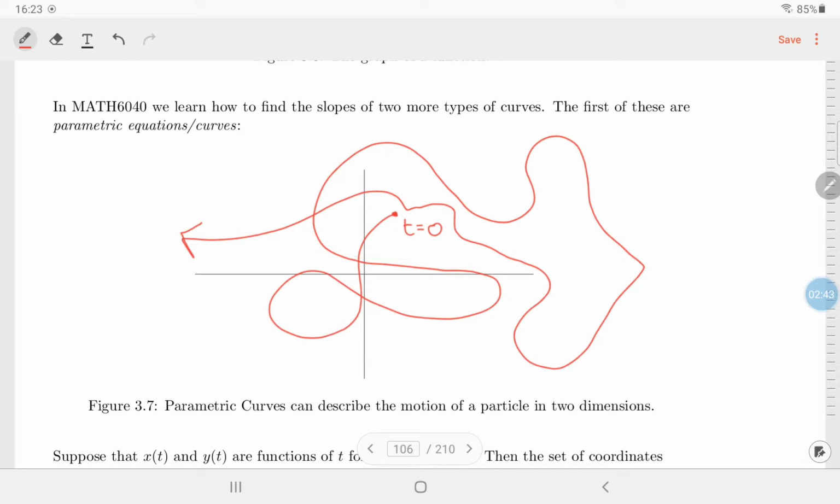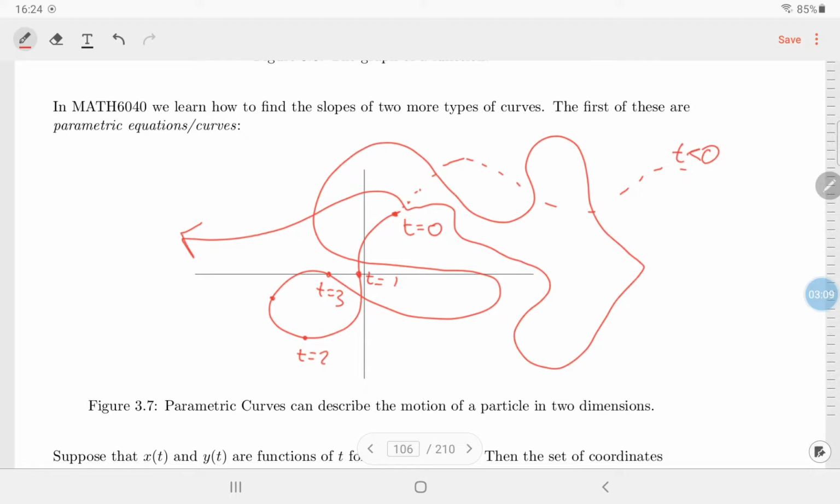So that was t equals 0. At all these different times, maybe this is t equal to 1, this is t equal to 2, maybe this is t equal to 3, and maybe this is t equal to half, etc. You just imagine it going around, and you can also have a negative time. That's not actually a problem. So this portion of the curve is negative time.